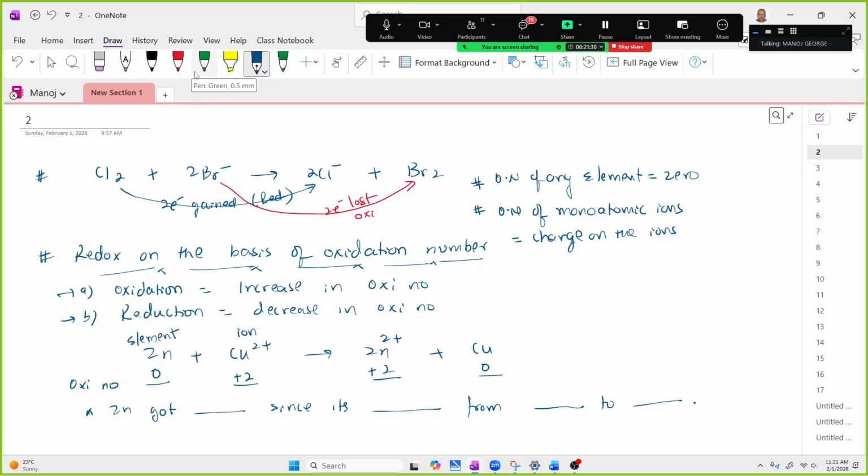Any suggestions? Zinc got oxidized since its oxidation number increased from 0 to +2. Does that make sense?